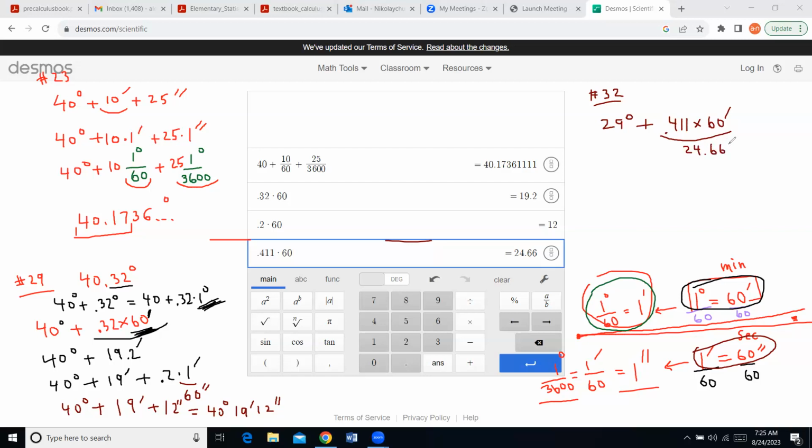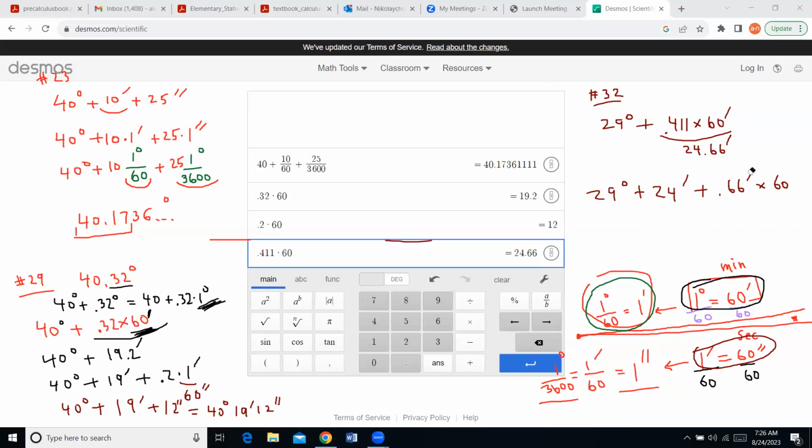Minutes. So now I already know it's 29 degrees and 24 minutes. So I take only the whole part. And then I need to take the 66 hundredths and times it again by 60 seconds.